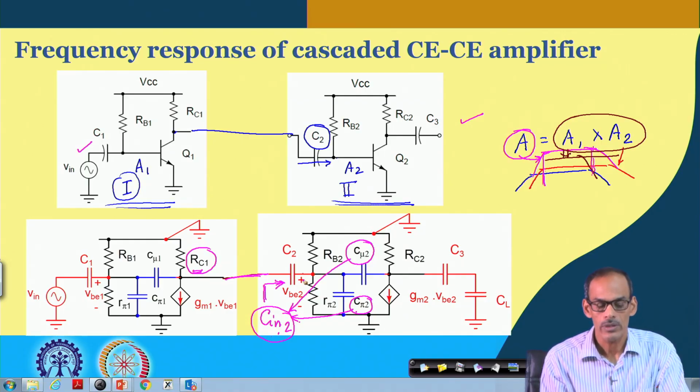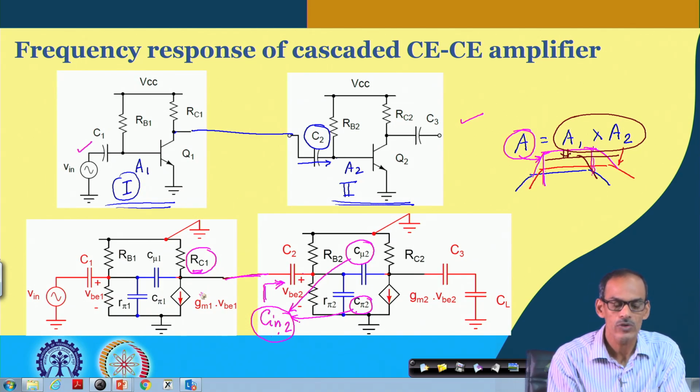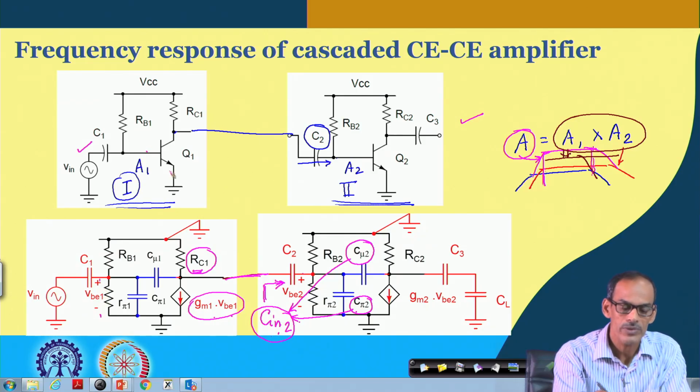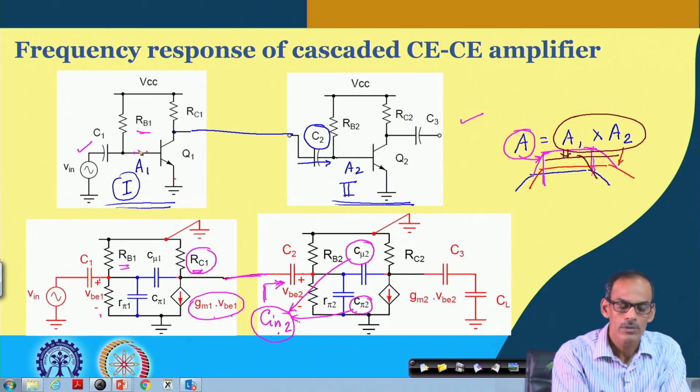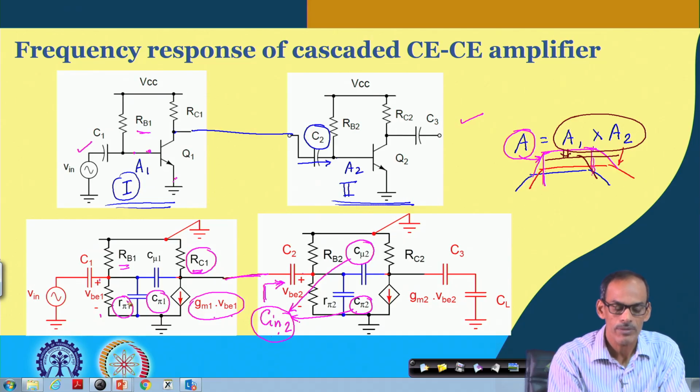So, let me rearrange this circuit. Just to give a brief, in the small signal equivalent circuit we have a voltage-dependent current source, gm1 into VBE1, where VBE1 is the VBE of transistor 1, and then we have the bias resistance RB1, and then base to emitter we have R pi 1, and base to emitter we have C pi 1, and then base to collector we have C mu 1.